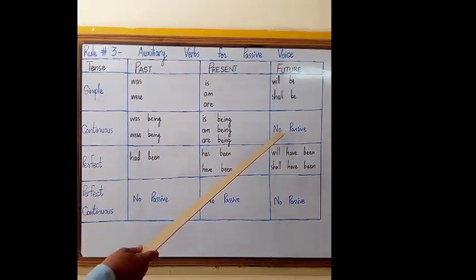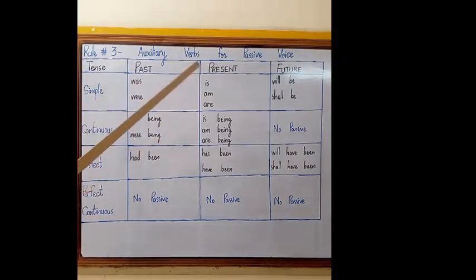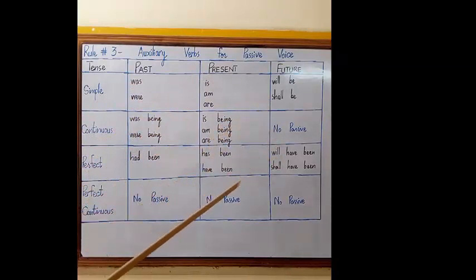And 4th one is future continuous. For these 4 tenses, we do not make any passive voice. If an active sentence is in any one of these 4 tenses, we will not make passive voice of that sentence. While we have 8 remaining tenses out of 12, 3 of past, 3 of present and 2 of future.